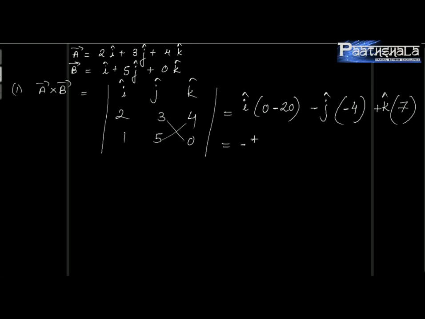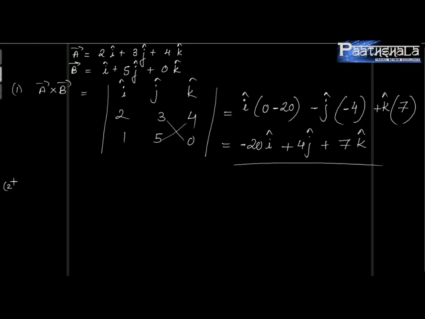So this is equal to minus 20 i hat plus 4 j hat plus 7 k hat. So this is the cross product A cross B.